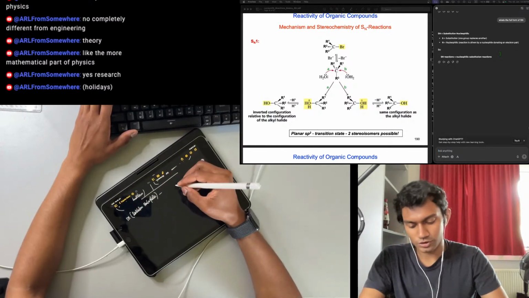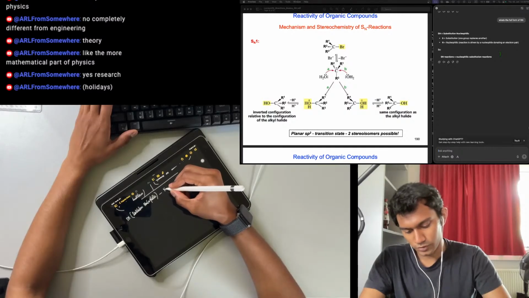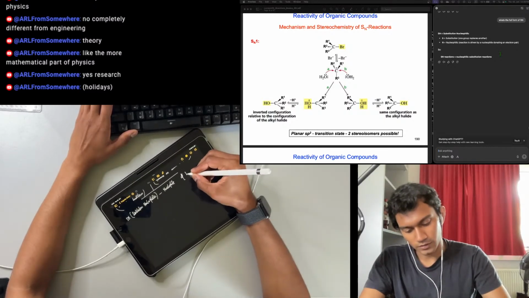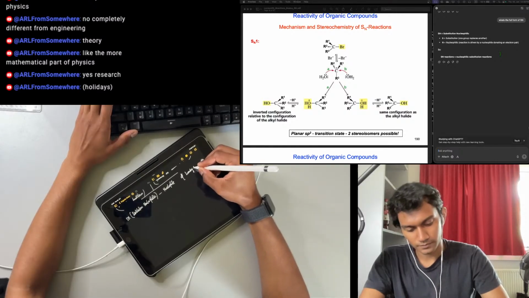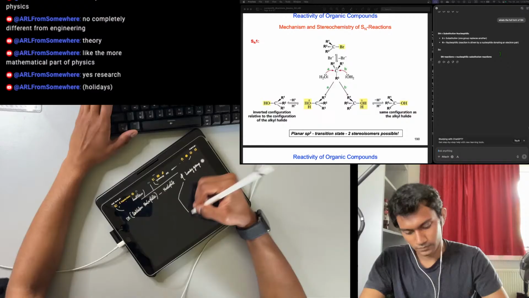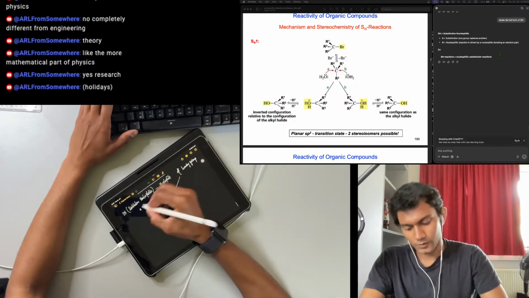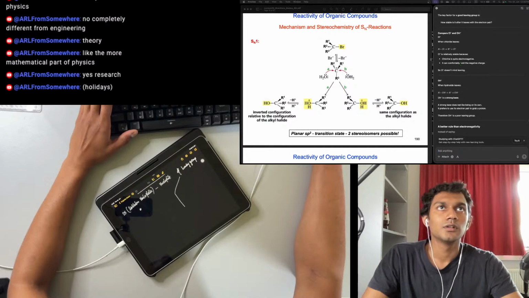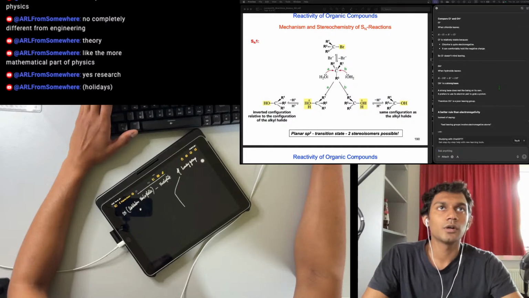So what did they understand? Nucleophile and the leaving group. What are the points about the nucleophile? Strong base.